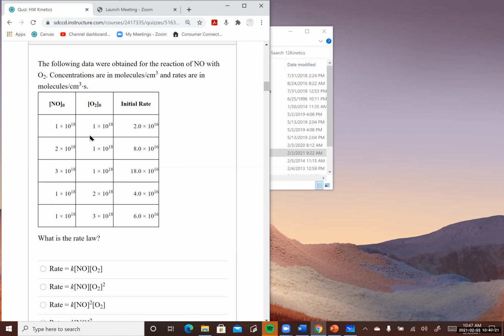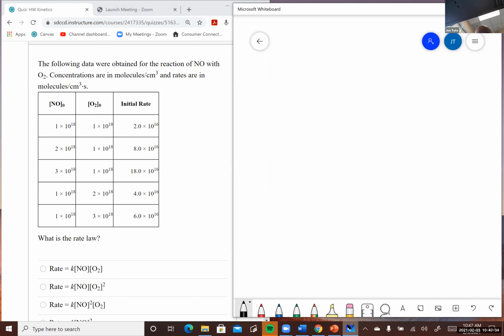O2 doesn't change. Oh, NO. Yeah, so it's got to be NO, right? Yes. All right, so I'm going to set up, you can do this either way, I guess. I double the concentration of NO, I leave O2 fixed. What happens to the rate of the reaction?